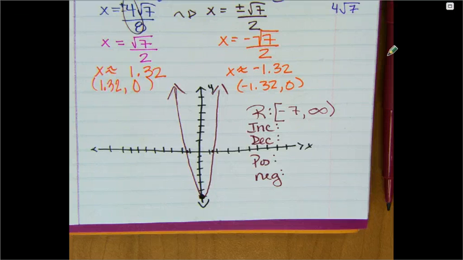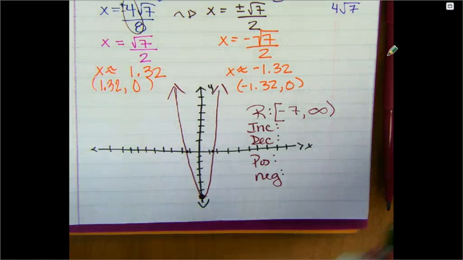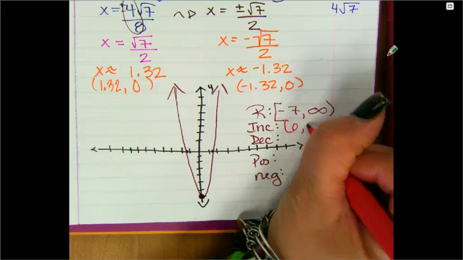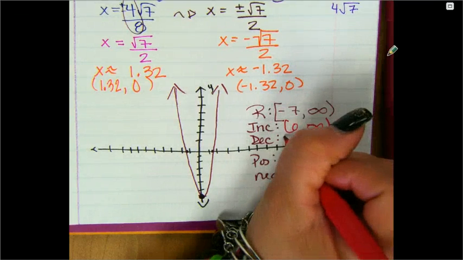Where are you increasing from? Wrong. Where are you increasing? 0 to infinity. Why is it 0? Because it has to be x. Remember, the only one that deals with y is which one? Range. Decreasing from where?